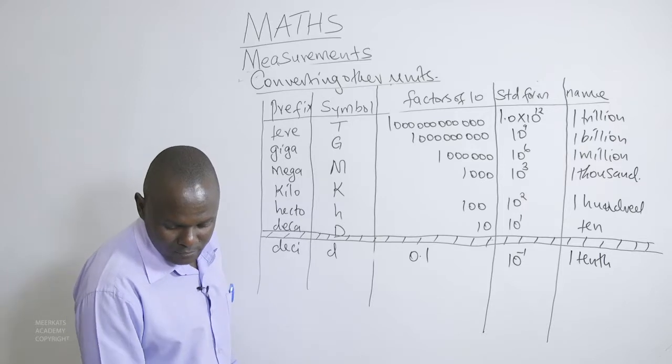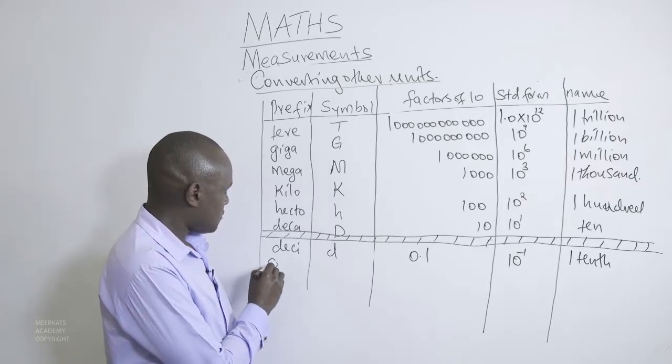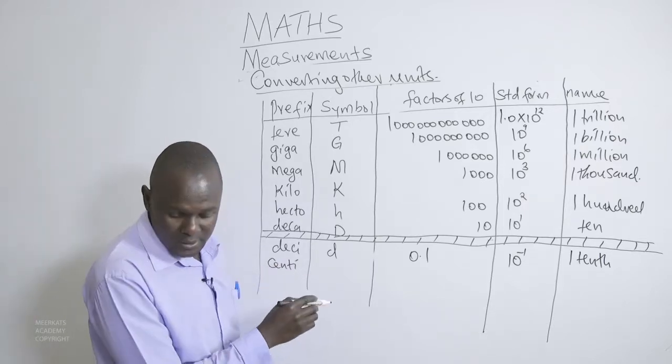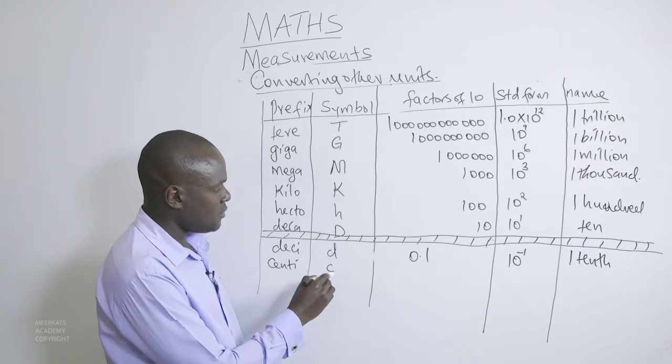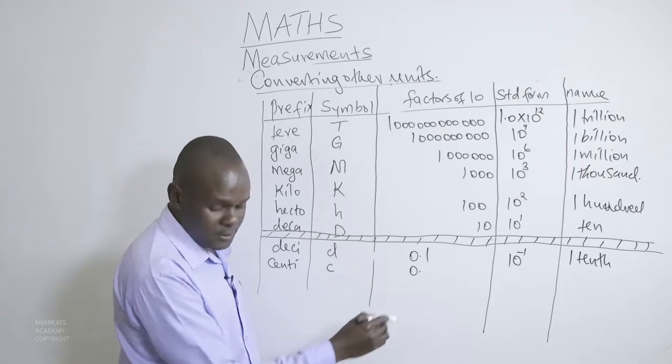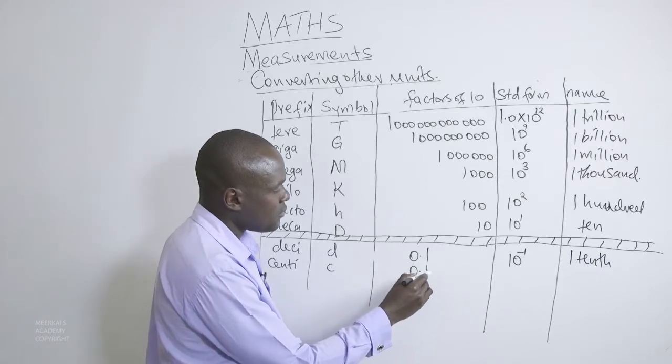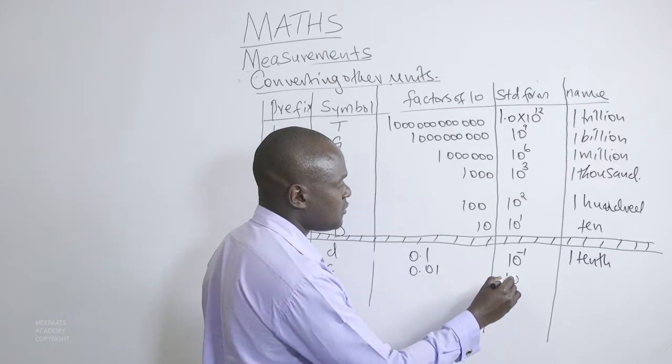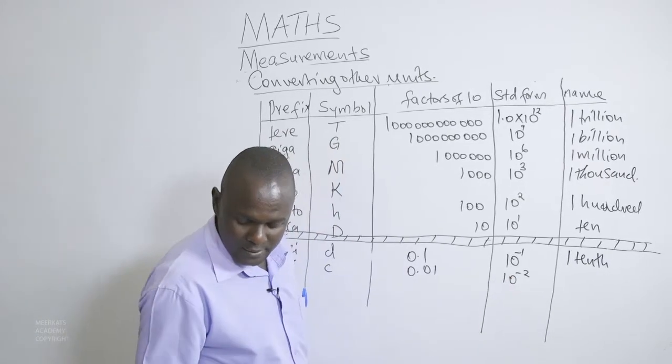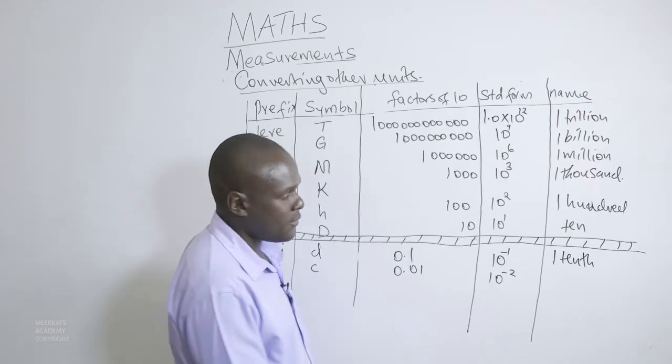The next one is centi. Centi is denoted by c, which is 0.01. This is 10 raised to power negative 2, and it symbolizes 1/100th.